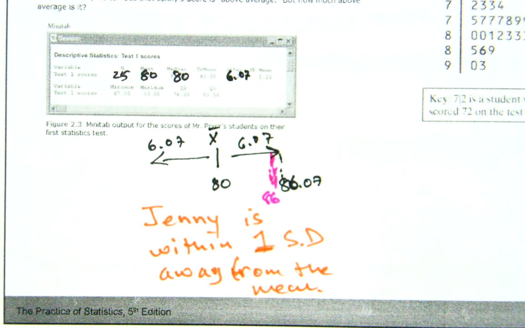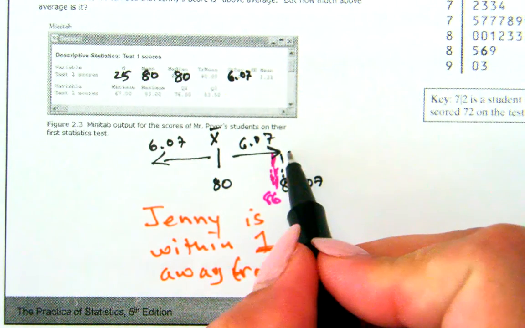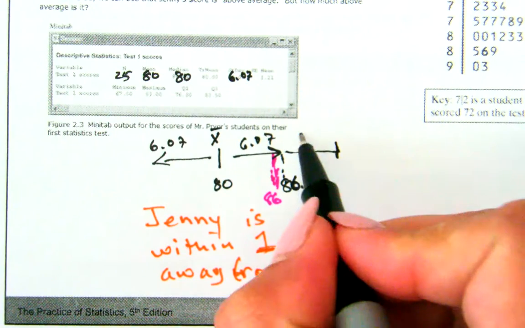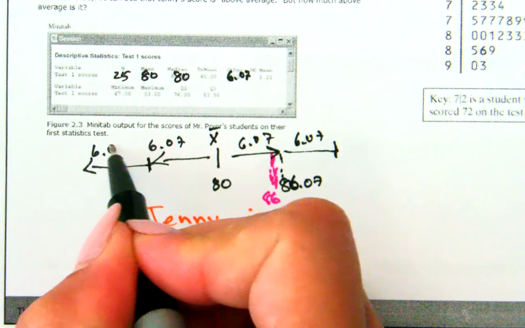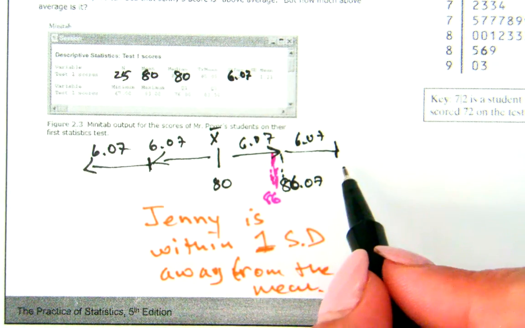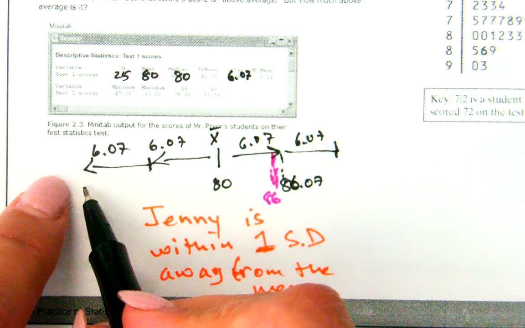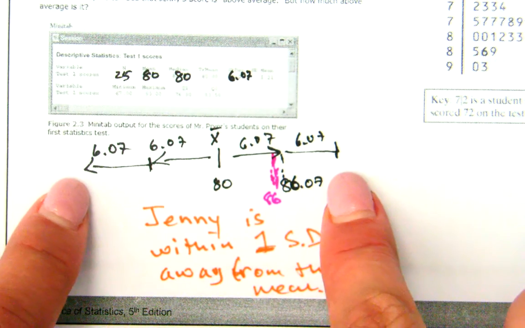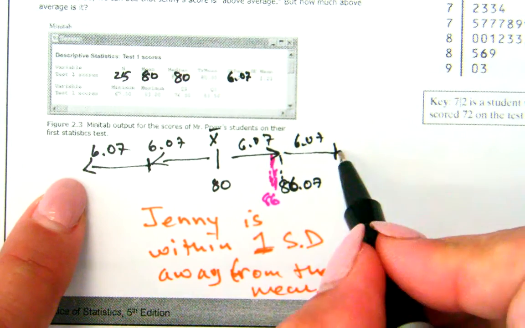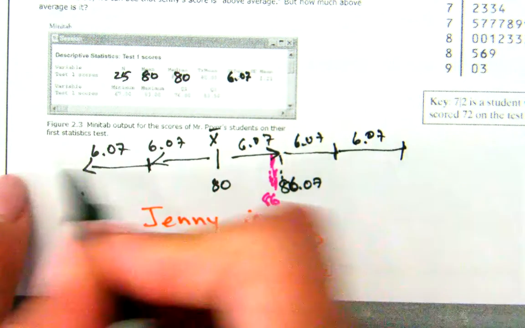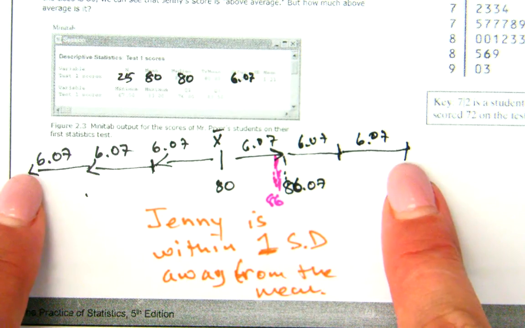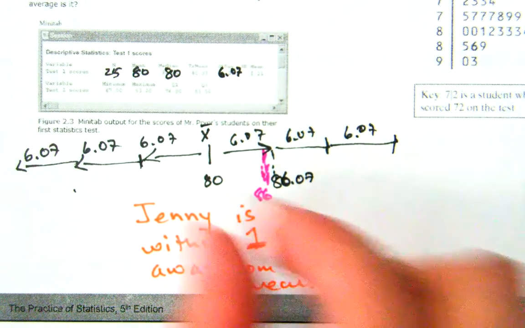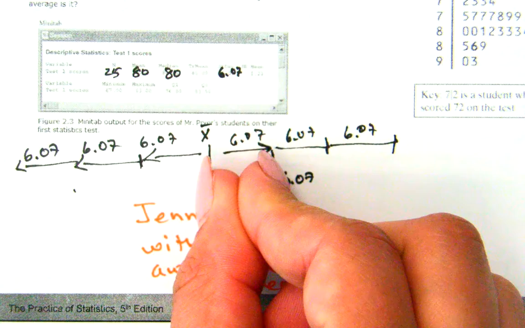Let's say you went out another 6.07, and then another 6.07. Any score between here and here would be within 2 standard deviations. Let's say you went out another 6.07 and another 6.07. Then you'd be within 3 standard deviations. So every 6.07 is considered 1 standard deviation.